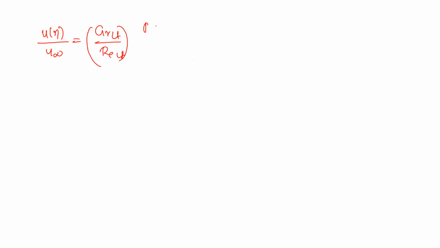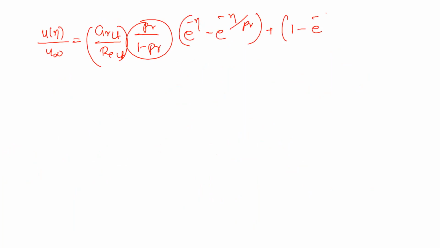into Pr by 1 minus Pr, which was the coefficient we rearranged, into e raised to minus eta, minus e raised to minus eta by Pr, plus 1 minus e raised to minus eta by Pr.